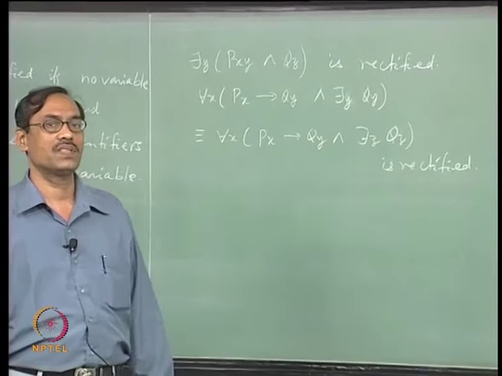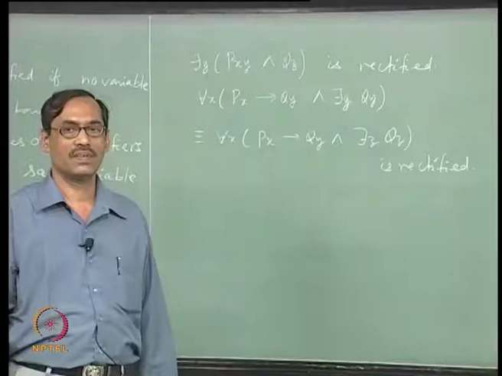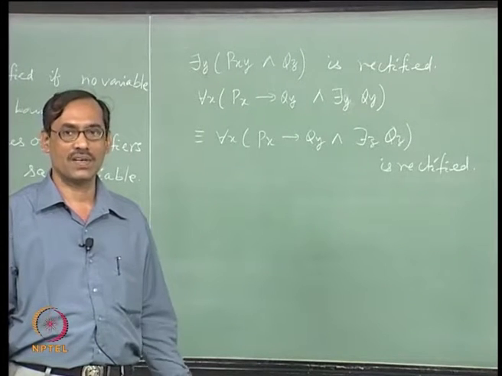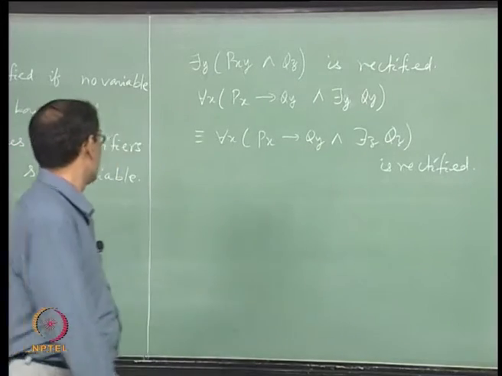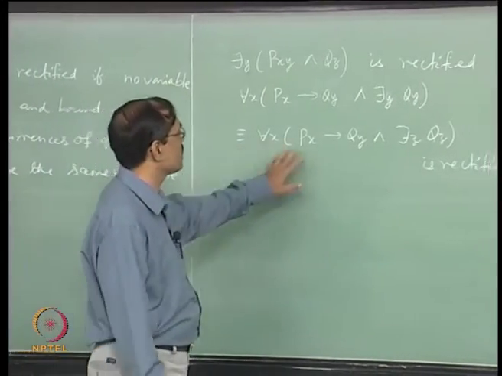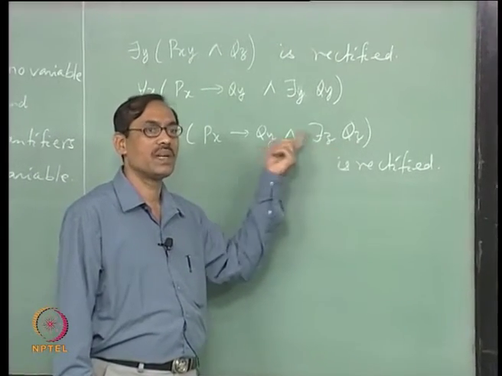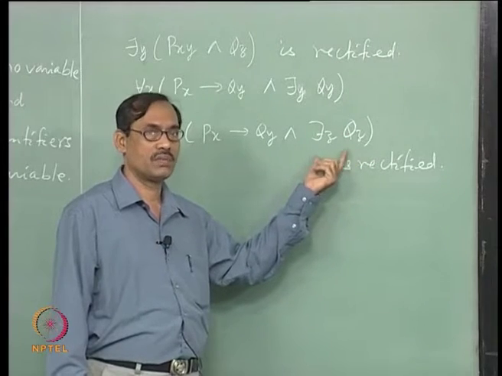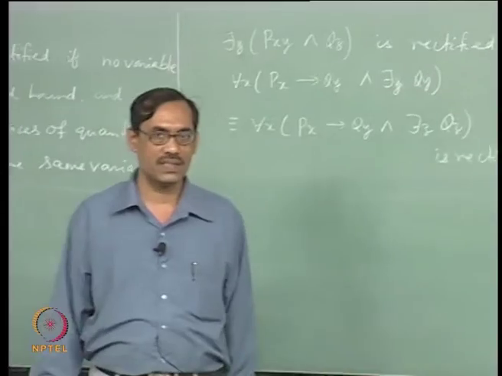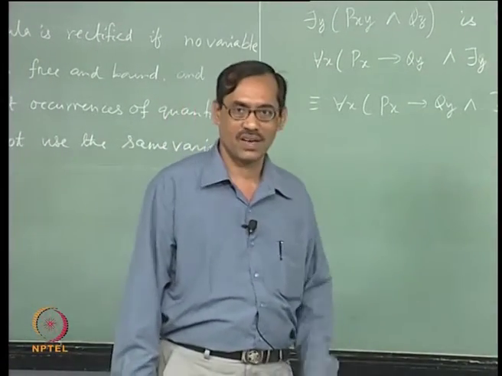Now, our next step is to bring all the quantifiers to the beginning. So, how to bring them? We have to use certain laws, we need equivalence there. Once it is rectified, suppose I take a subformula of this, I can use my distributive laws there. For distributive laws you need variables to be differently named, otherwise the distribution may not occur.